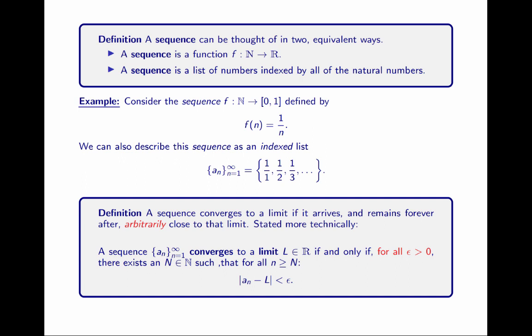The arbitrariness, let's go with arbitrariness. I don't know if that's right, but that's okay, I'm a mathematician. The arbitrarily close comes from the fact that epsilon is an arbitrary positive number, any positive number, as small as you like. So epsilon is arbitrary, and the difference between my sequence and L is less than that arbitrary positive number.